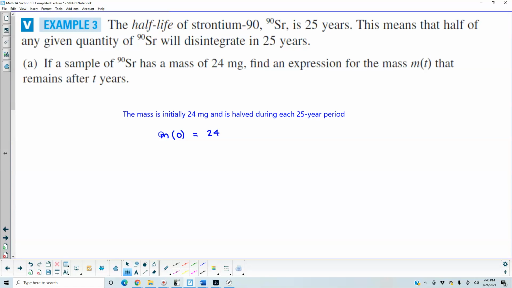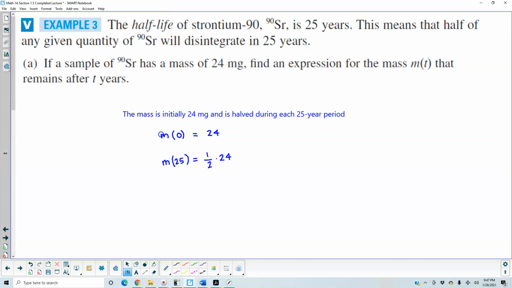Now, for each 25-year period, we want M of 25, because that would be 25 years. So, again, the half-life is disintegrating every 25 years. So that means that we're taking 1/2 of that 24. So it becomes 1/2 times 24.